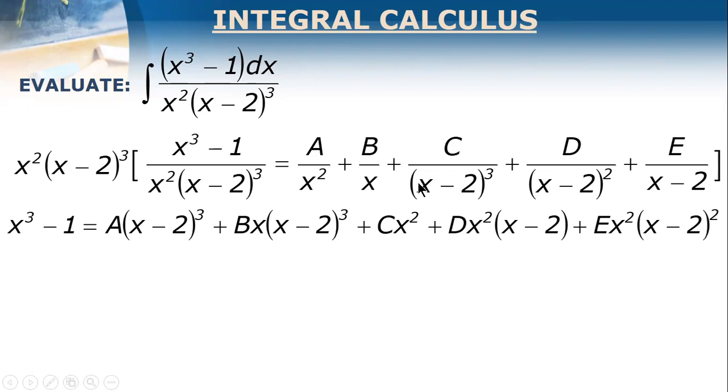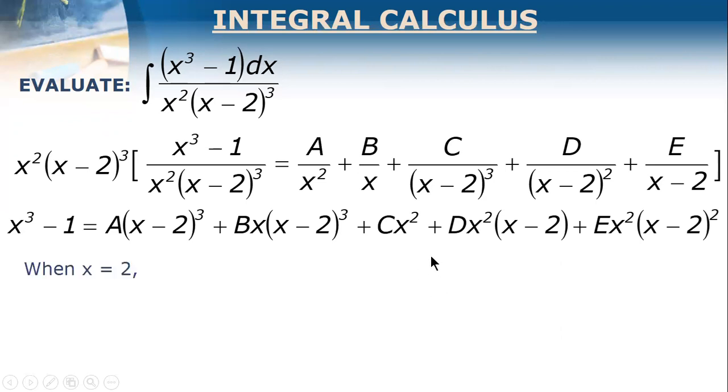And then C over this times this one, x squared only. And D over this, so what remains is x minus 2 and then x squared. And then E over x minus 2. What remains is x minus 2 squared and then x squared.